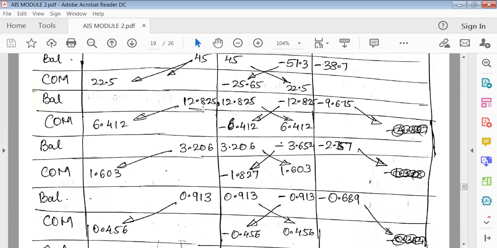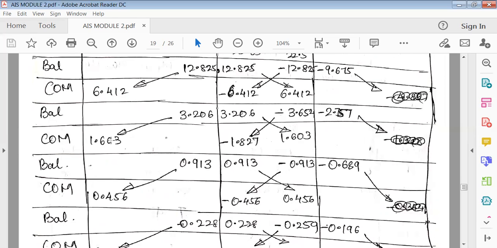Once you balance this, carry over half and half everywhere. I've shown a value here, but don't write it because I've scratched it out. Because it is a simple support, the carryover moment does not exist there. Then this portion, minus 6.412, change the sign, times 0.5 and 0.5, same thing here.